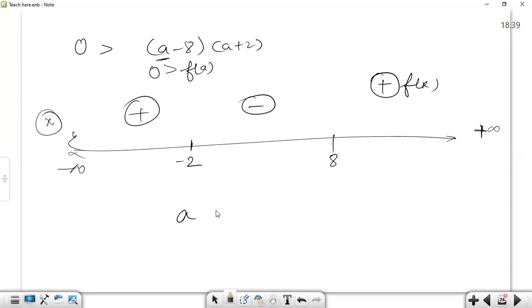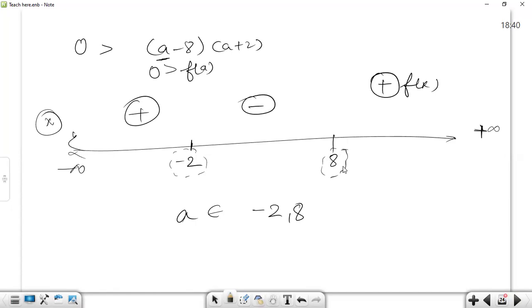So a belongs to -2 and 8. Now what should we write? Open interval or closed interval? Should we include these two values or not? We should include it, sir. Why? We are humble, that's why.